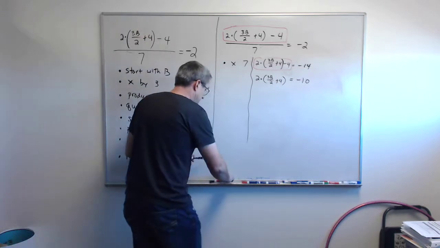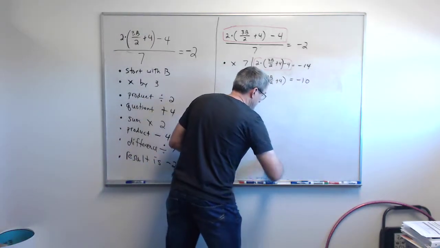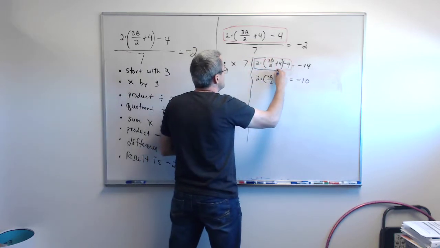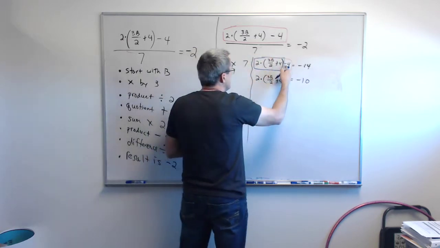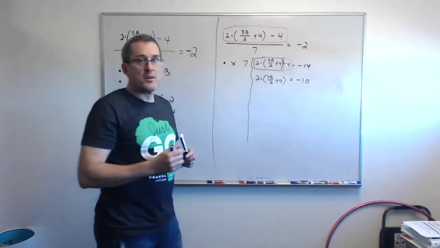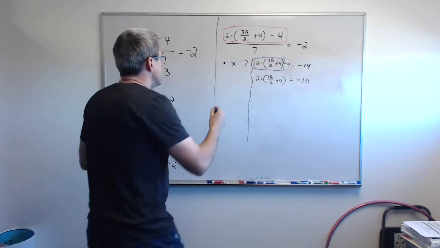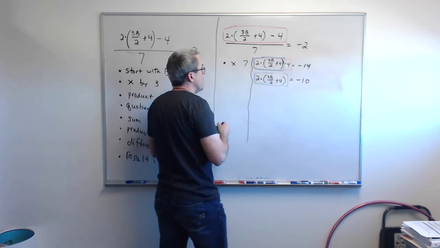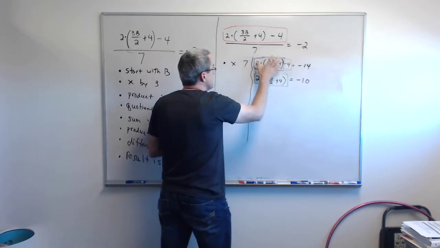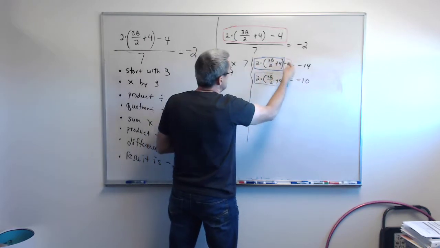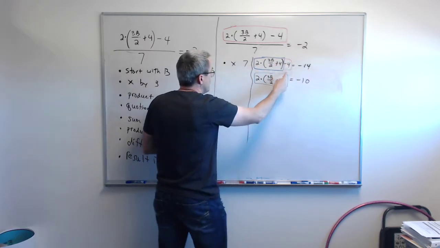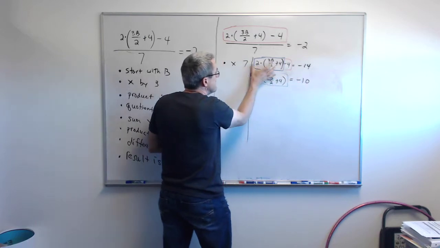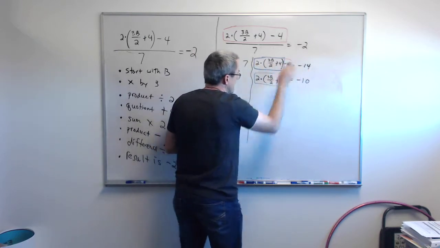Now again, let's think here. You grab another color. What I'm really saying is this stuff in blue, if you subtract 4, is going to produce -14. What must all that stuff in blue be equal to so that when you subtract 4 you get -14? Well, all that stuff in blue must be -10 because -10 minus 4 is -14.